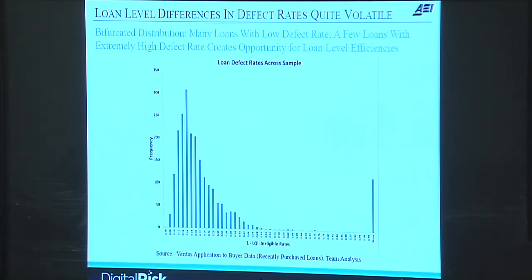However, unless you have a tool that can tell you which loans in your portfolio have a potential for defect and which don't, you're left with a very difficult reserve allocation problem, in that you have to take all the exposure on the right and spread it out over all the loans on the left. And that means that on the left-hand side, you've over-reserved for repurchase, and on the right-hand side, you've under-reserved, and that can get expensive.